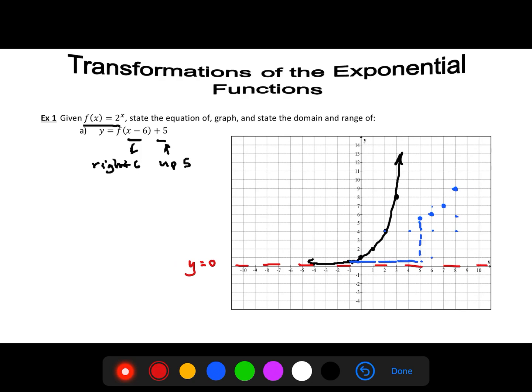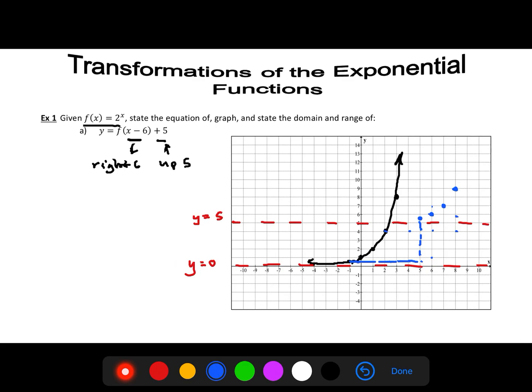We also know that our asymptote goes up 5 units, to y = 5. So we can see where our curve is going to approach our asymptote but never touch.